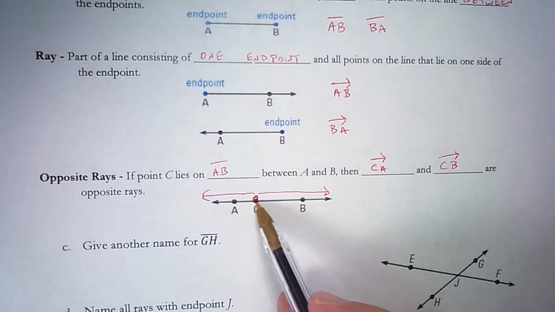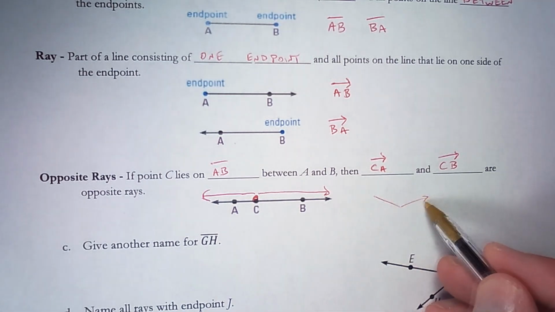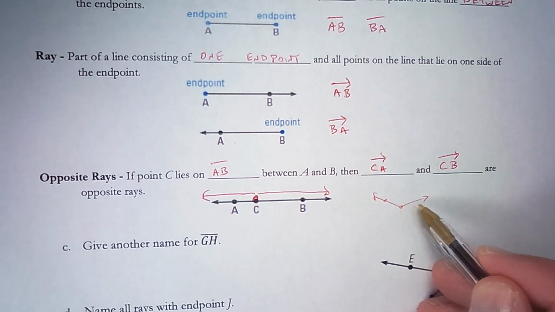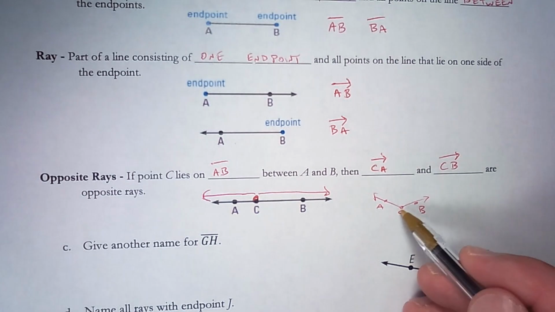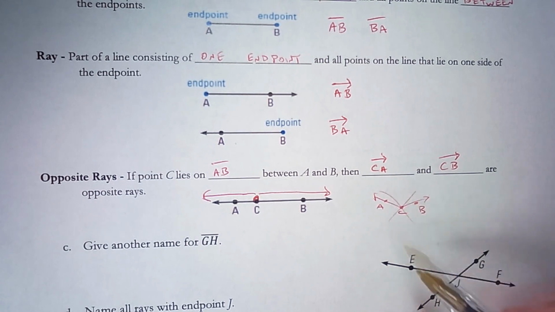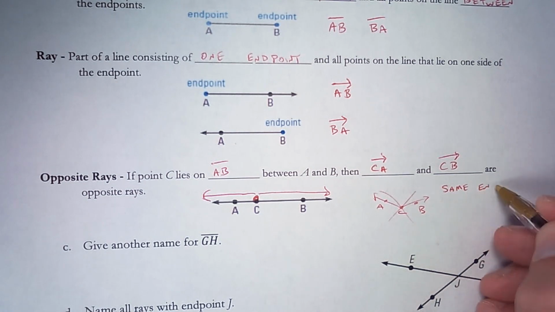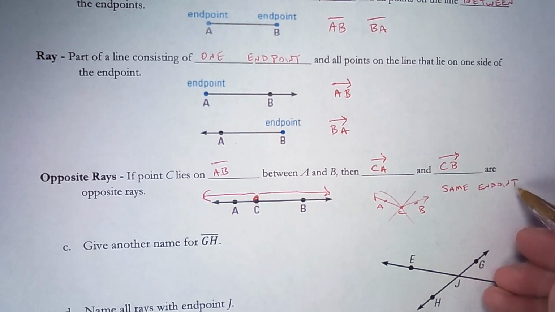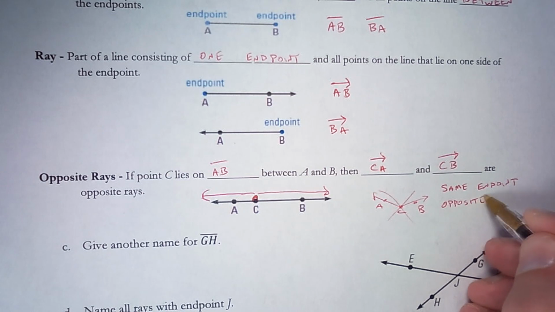Now, if there was an angle here other than 180 degrees, so if it looked like this, then CA and CB are not opposite rays. Okay? They have the same endpoint, but they don't go exactly opposite directions. So these are not opposite rays. So to have opposite rays, you have to have the same endpoint and exactly opposite direction.